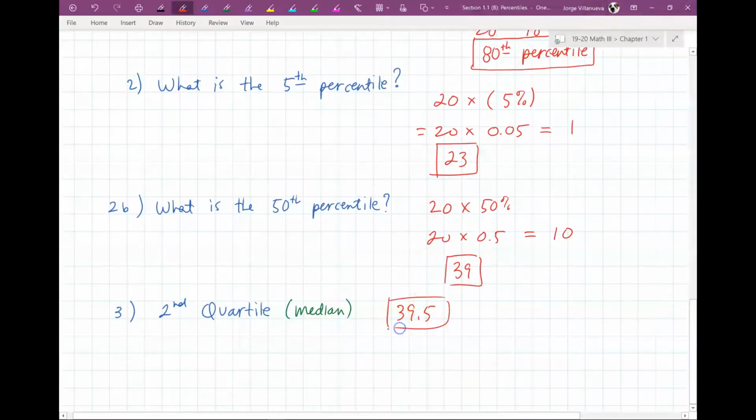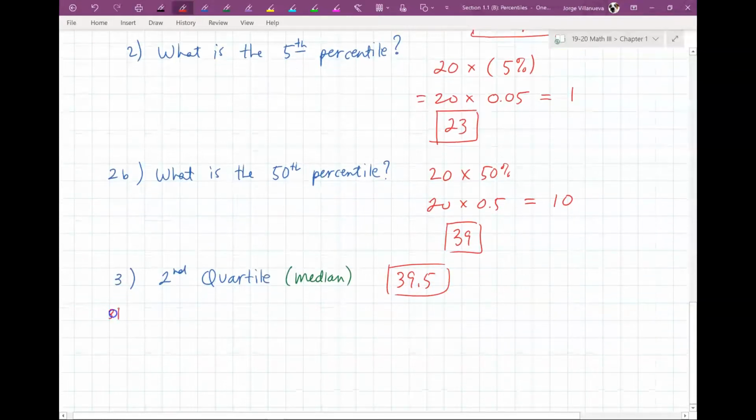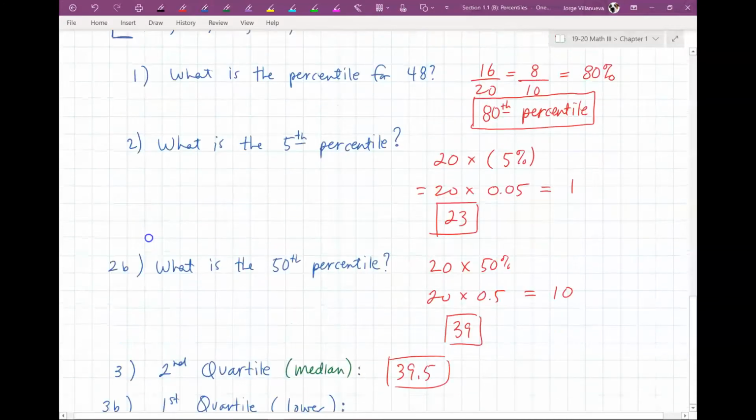Now, what if I ask you, let's do 3B, for the first quartile? Remember, that's called the lower quartile, right? So let's look over here.